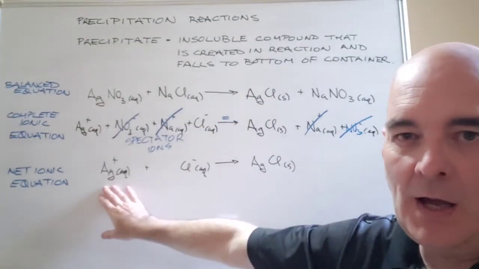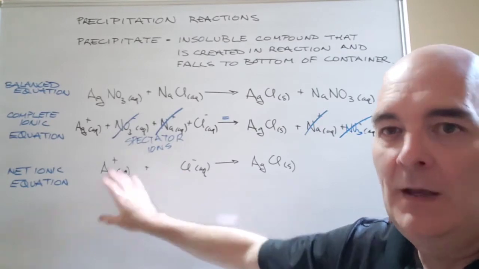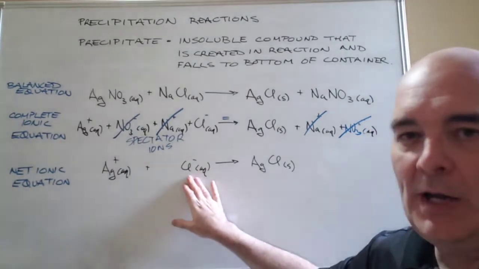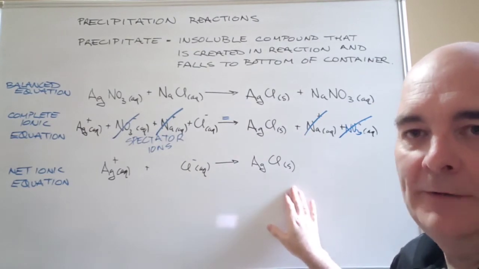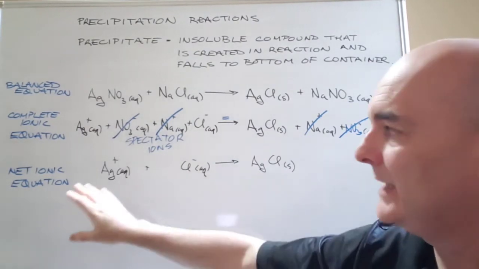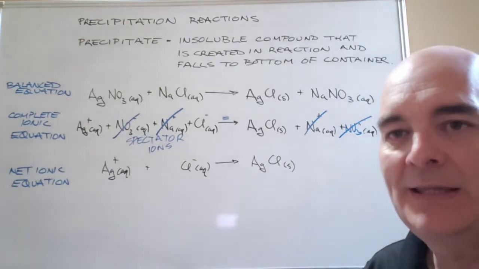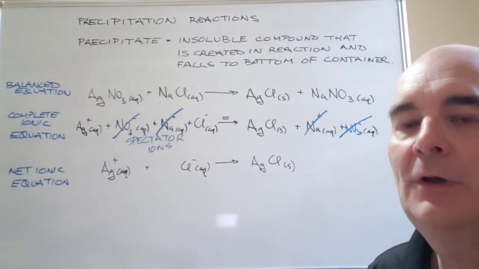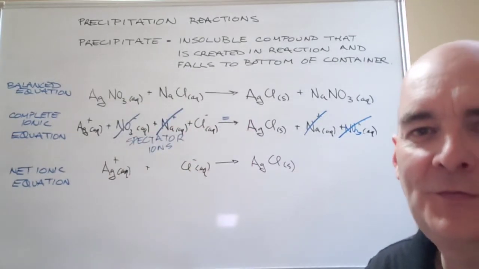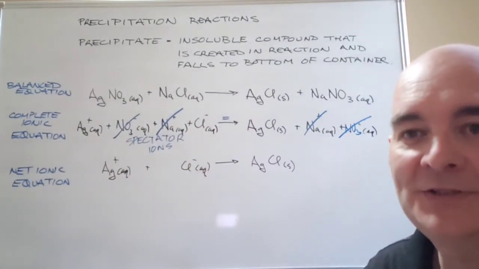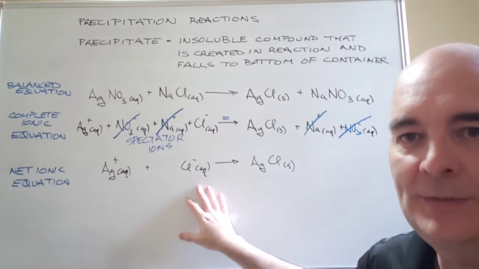There are silver ions in solution. They meet chloride ions in solution and make silver chloride. So the net ionic equation is the simplified version of the balanced equation. You have to go through a little bit of expansion and messiness to get there, but this is the simplified version.